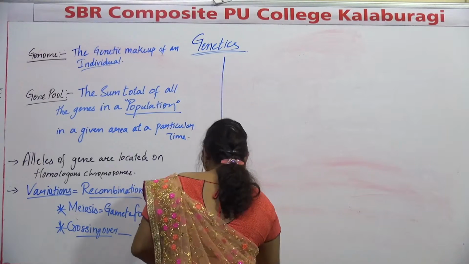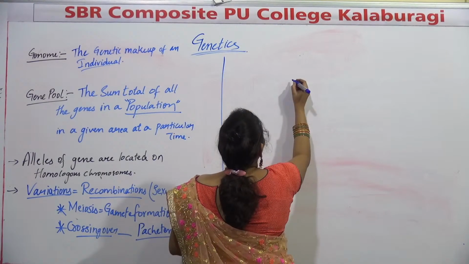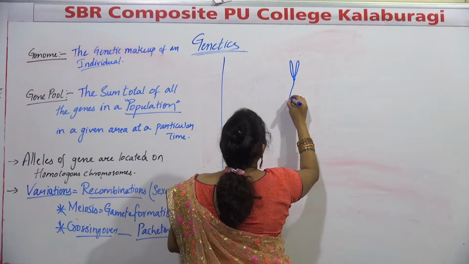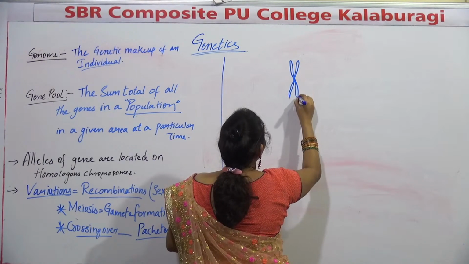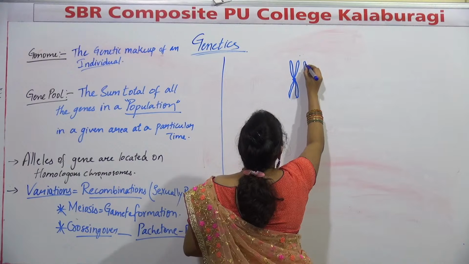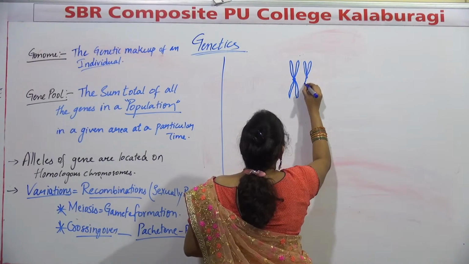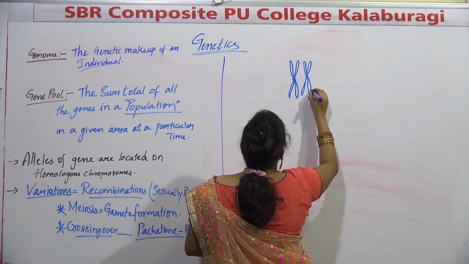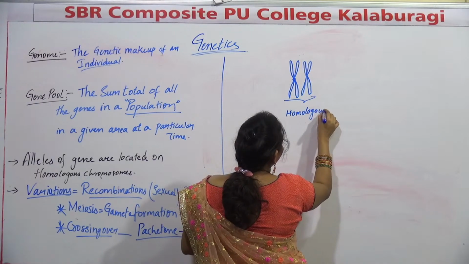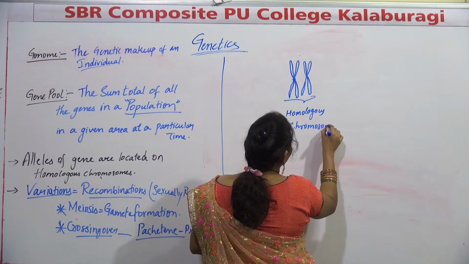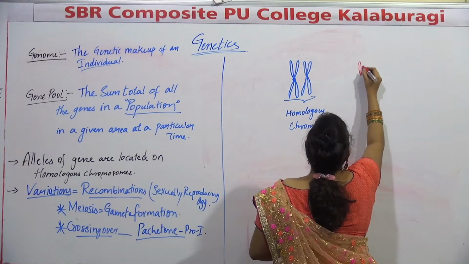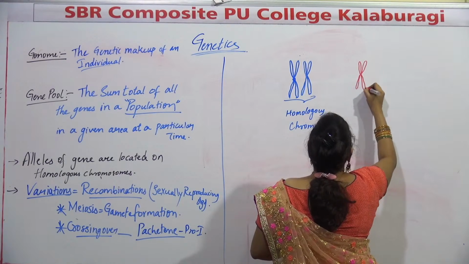Crossing over will always occur between, see here, these are a pair of homologous chromosomes, and one more, these are also a pair of homologous chromosomes.